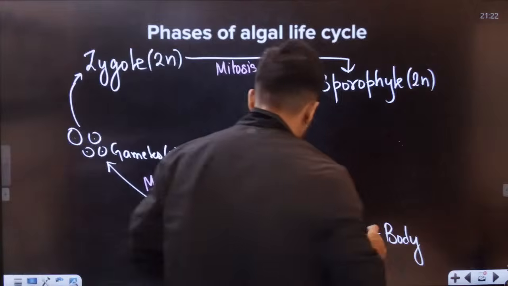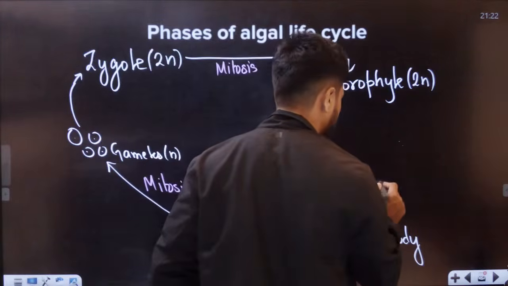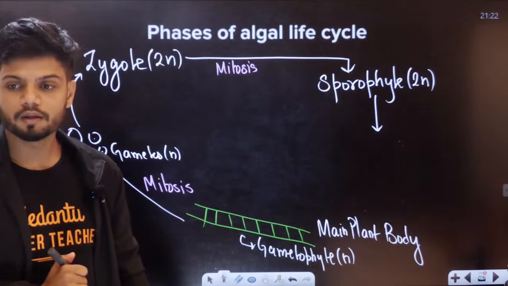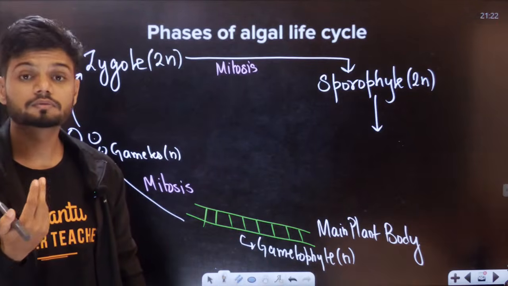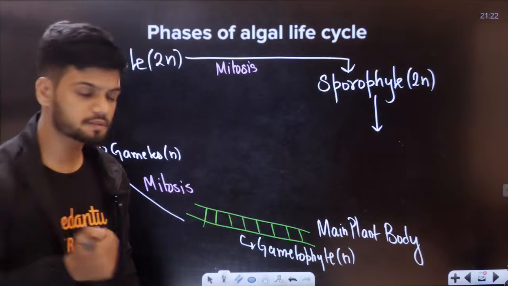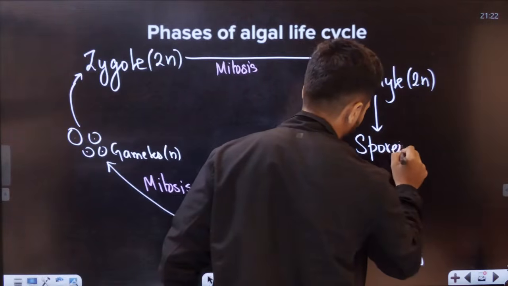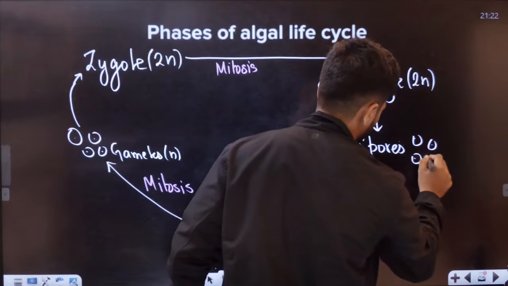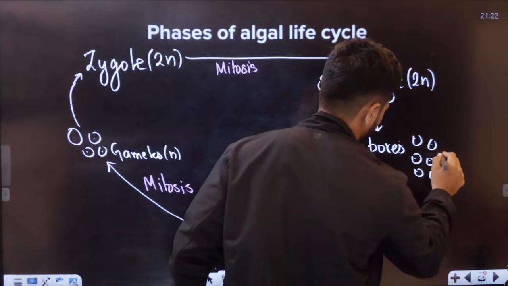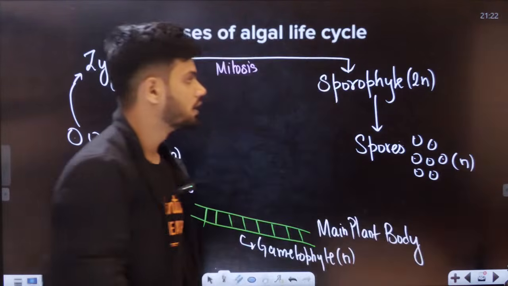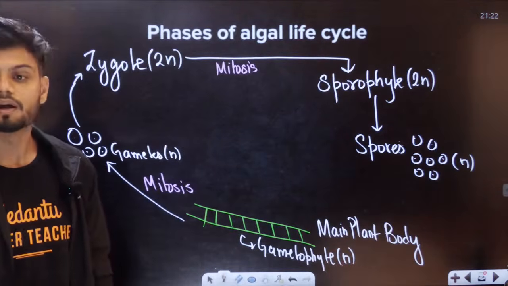Now this structure, the sporophyte, will produce spores. These spores are haploid in nature. What will happen here? Differentiation.